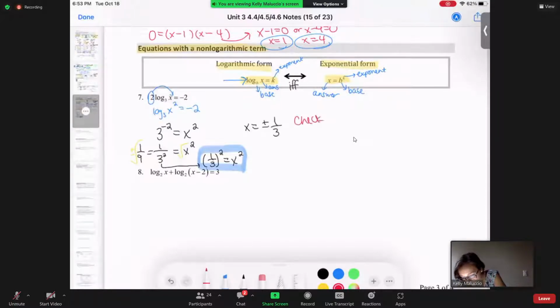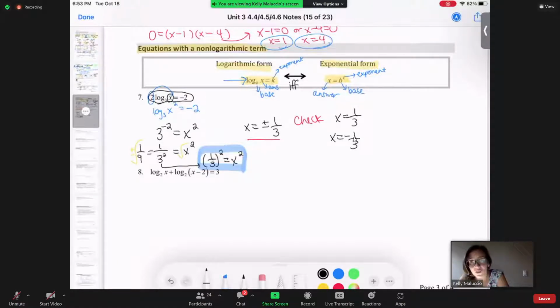So we have to check. We get that maybe this is the answer, but we have to check: is this true, right? So I check 1/3 and -1/3. I don't have to solve it. I just want to see, is it in the domain or not? So look at the original right here and just say, okay, I'm doing log base 3 of x.